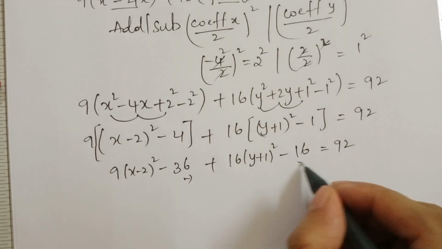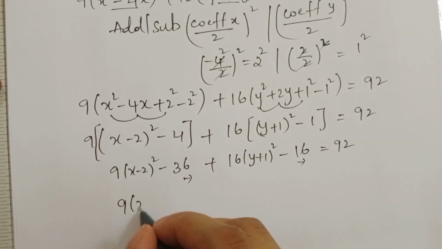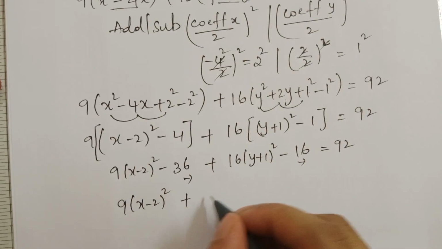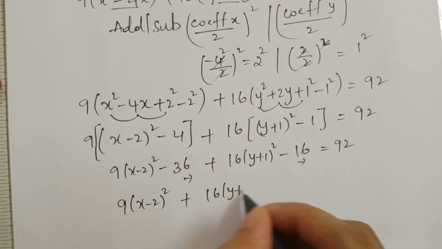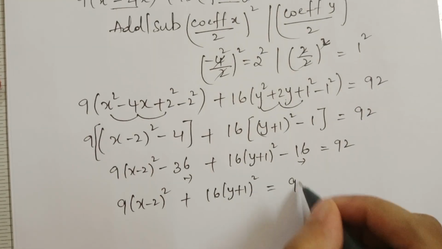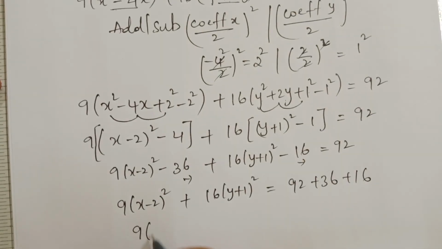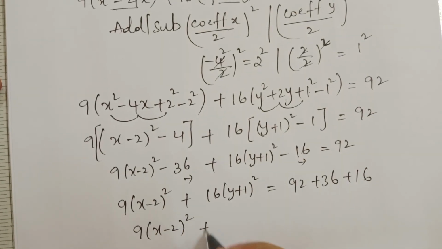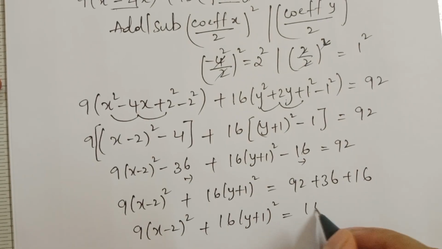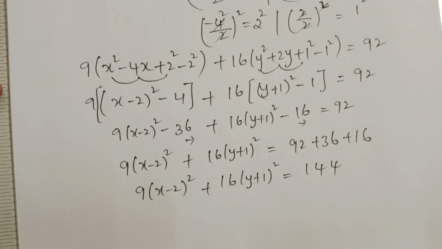Transposing these two numbers to that side, it is 9 into x minus 2 whole square plus 16 into y plus 1 whole square equals 92 plus 36 plus 16. If we add, we'll get 144.